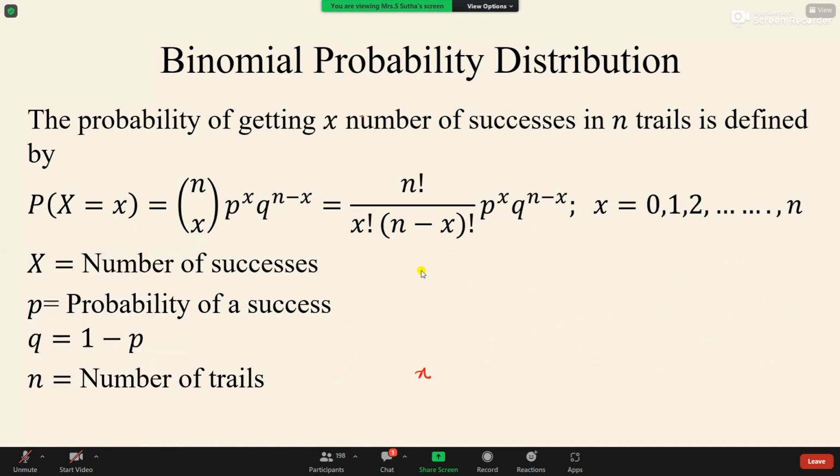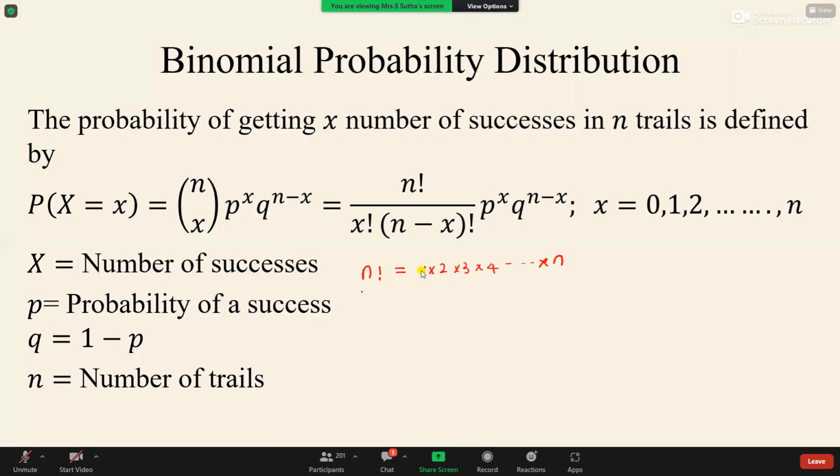Now, what is the meaning of n factorial? You have to multiply all the positive numbers from 1 to n, so 1, 2, 3, 4 up to n.